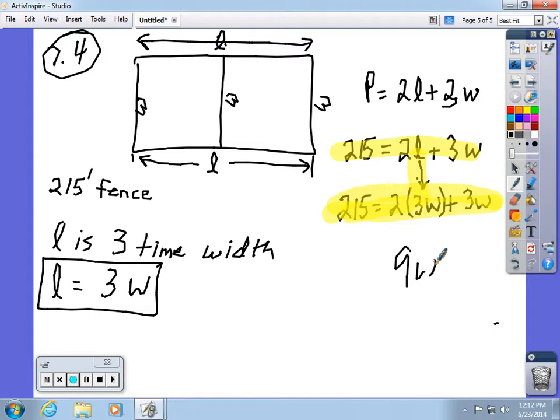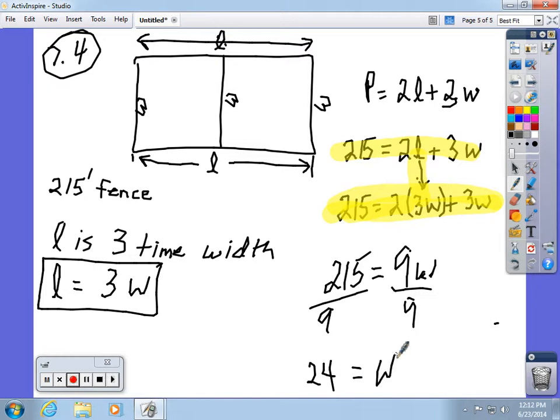I'm going to finish it because you might get this on a standardized test, especially you nursing people. Divide by 9. 9 will go into 215 about 24 times. That's approximate. Equals W. And if W equals 24, what's the L?